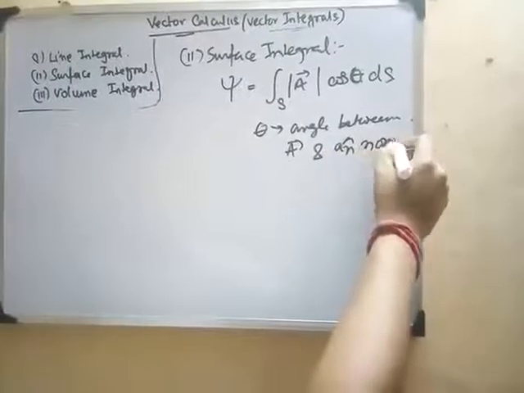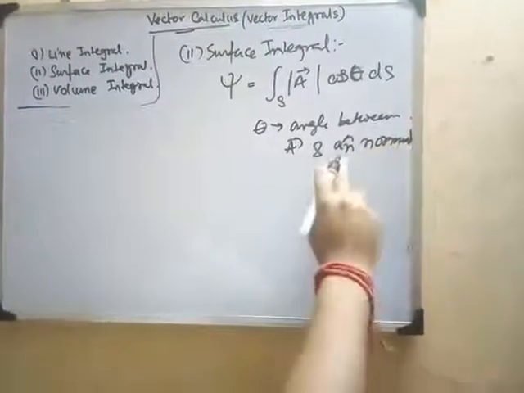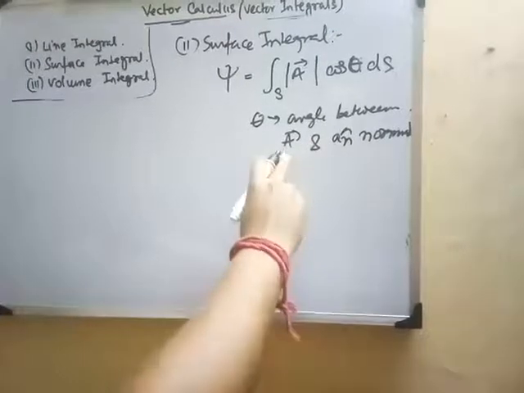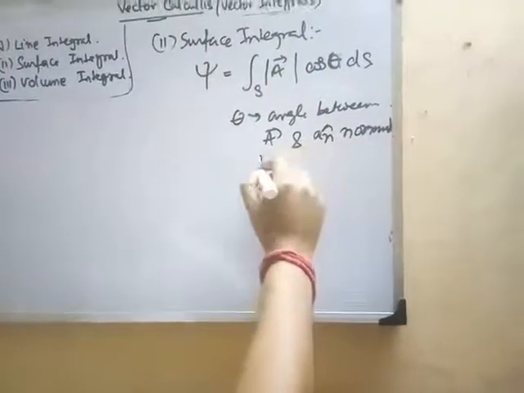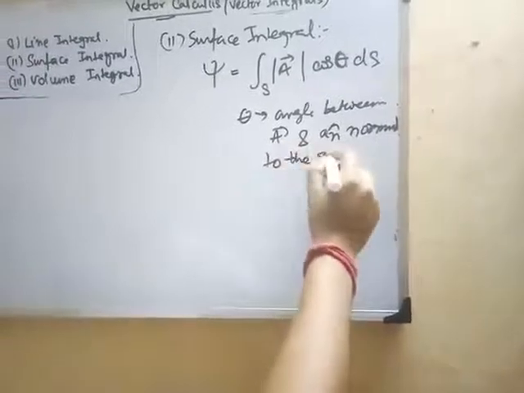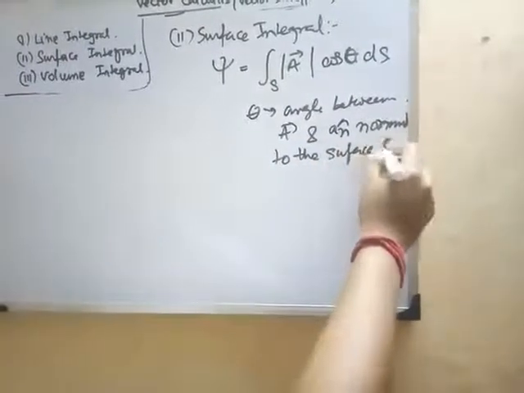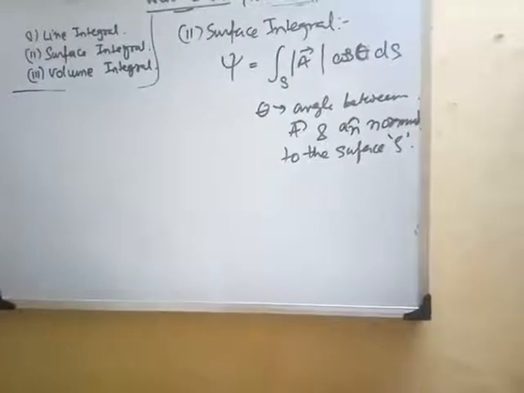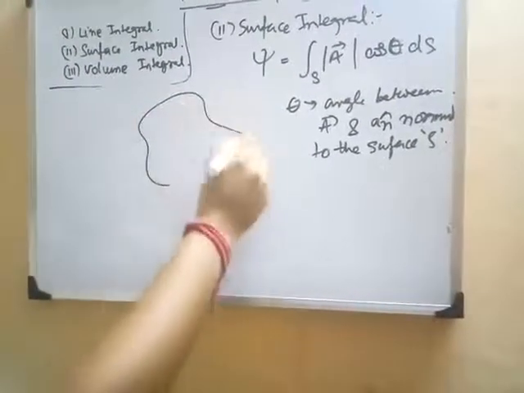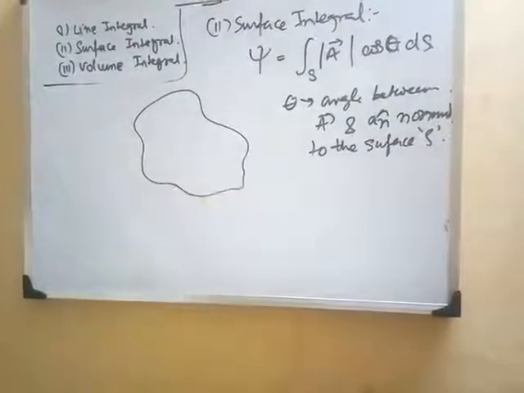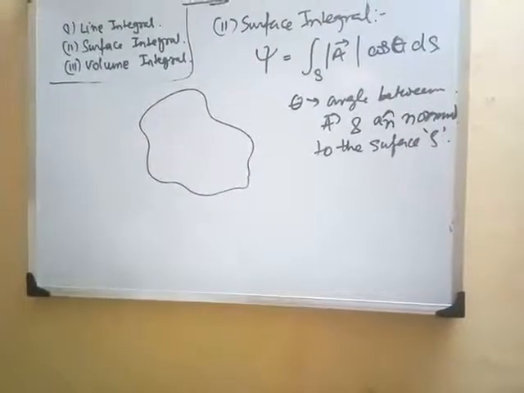Normal, previously it was tangential, but here it is the angle subtended by A and the unit vector an, normal to the surface S. I am drawing a figure, so you will be able to understand in that figure itself. Let us now take an arbitrary surface like this. Consider this is a surface, not a closed line.